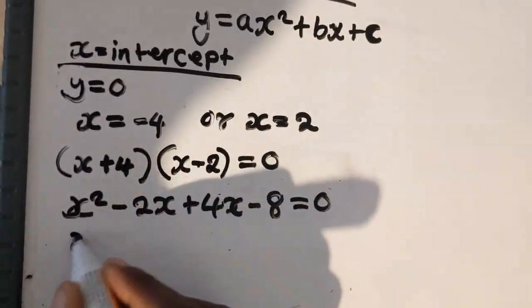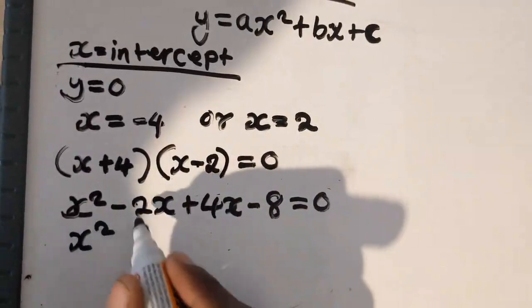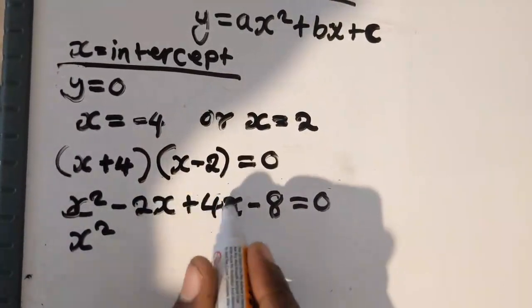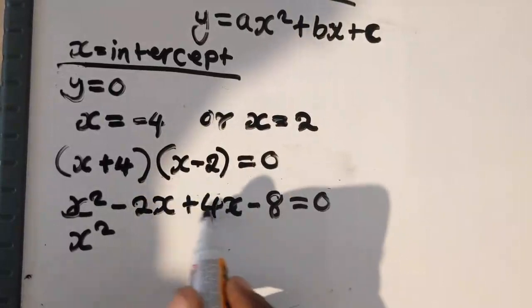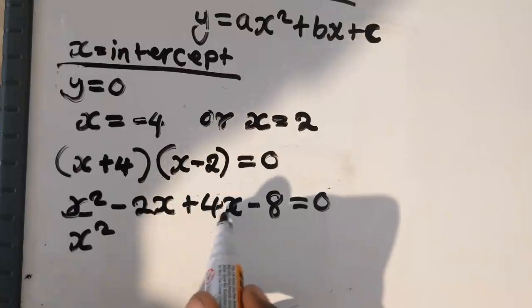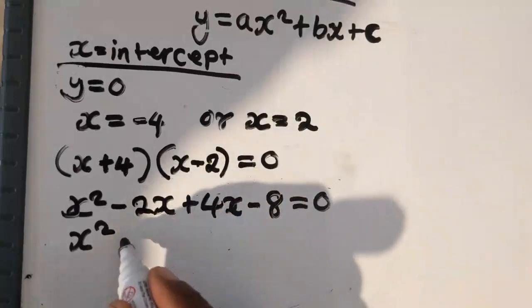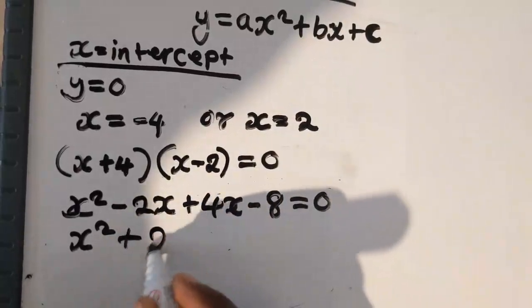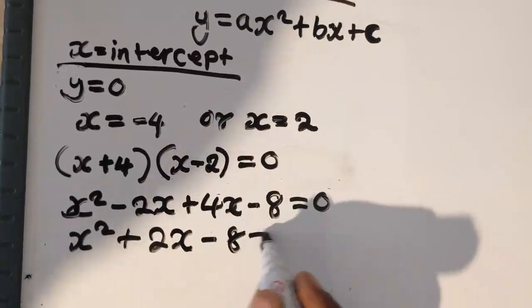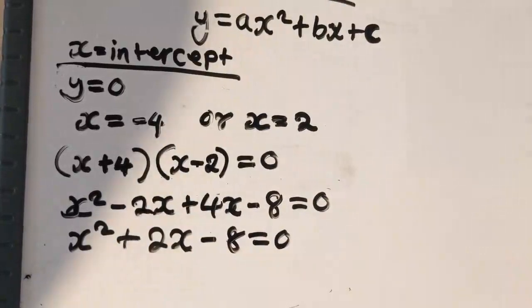Then it will be x squared. These are actually like terms, so this is negative 2x plus 4x, which is going to give you positive 2x, minus 8, equal to 0.